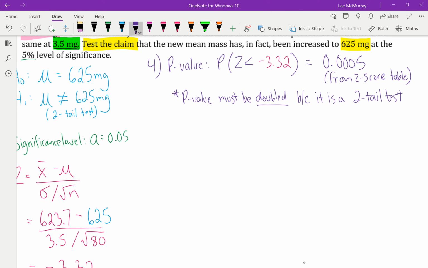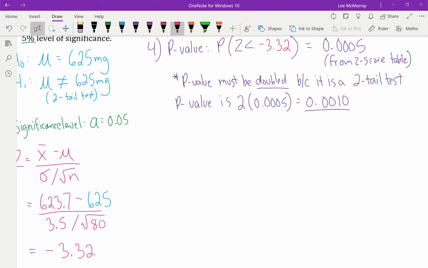So now what we're going to say is the p-value is 2 times the 0.0005 that we came up with, which is equal to 0.0010. Okay, so that is our p-value. So next step, step 5, is going to be to compare the p-value to the significance level. Okay, so we're just going to restate the p-value.